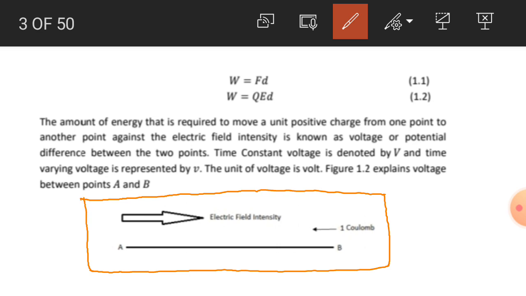The electric field intensity is a vector quantity. This vector quantity has a magnitude as well as direction. As far as the direction of the electric field intensity in this region is concerned, it is given by this arrow.